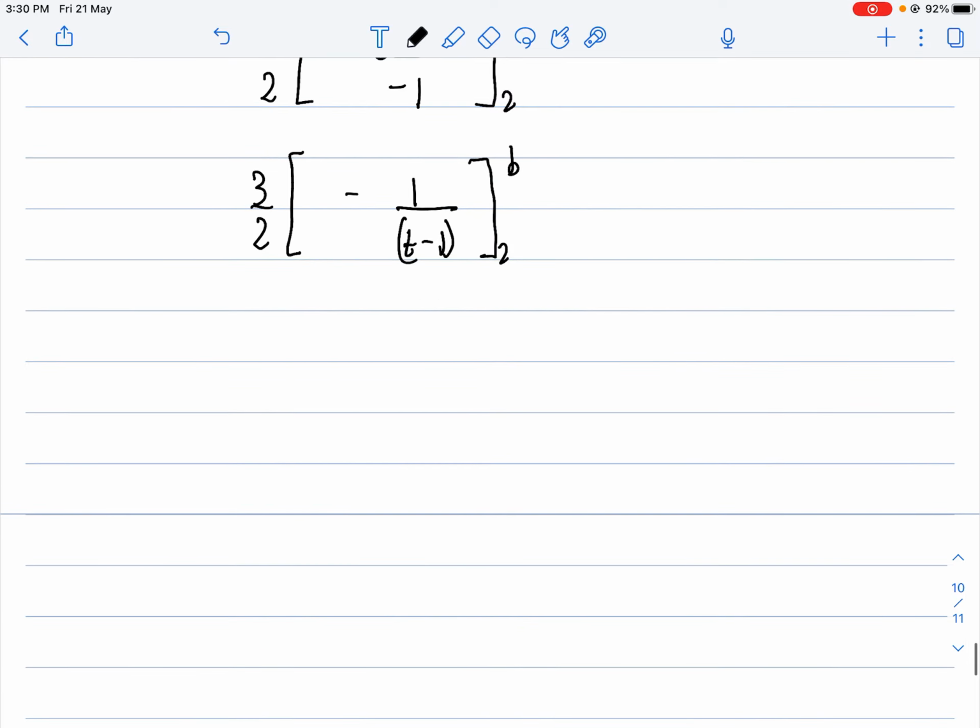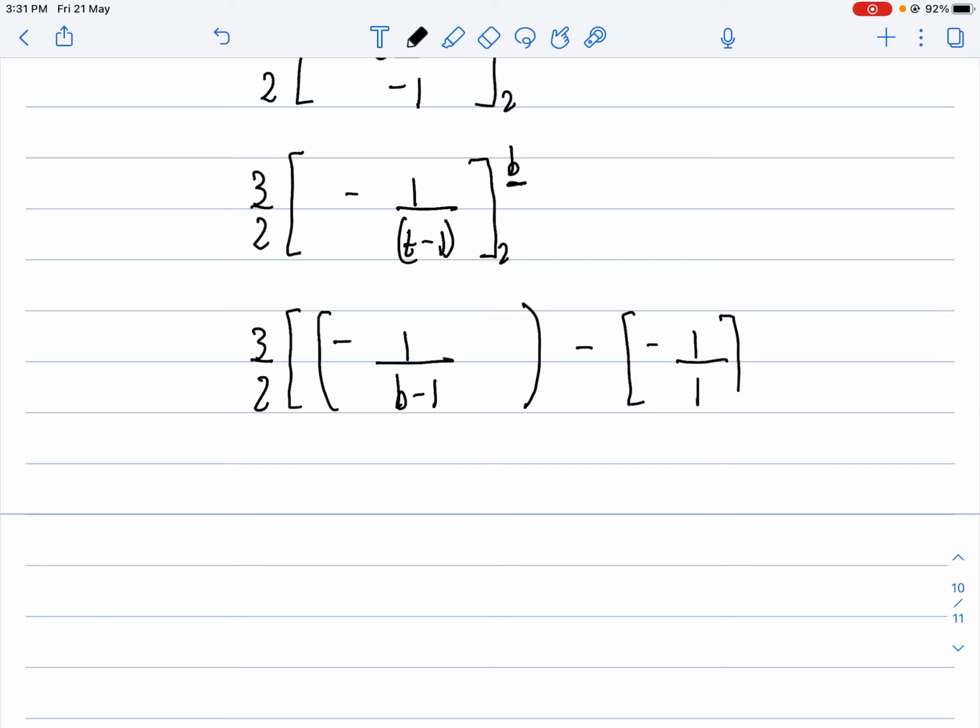So now I can write this as 3/2 with −1 over, t is basically b, so I can say b − 1, minus of 1 over t, which I know is 2 now, so 2 − 1 is 1.